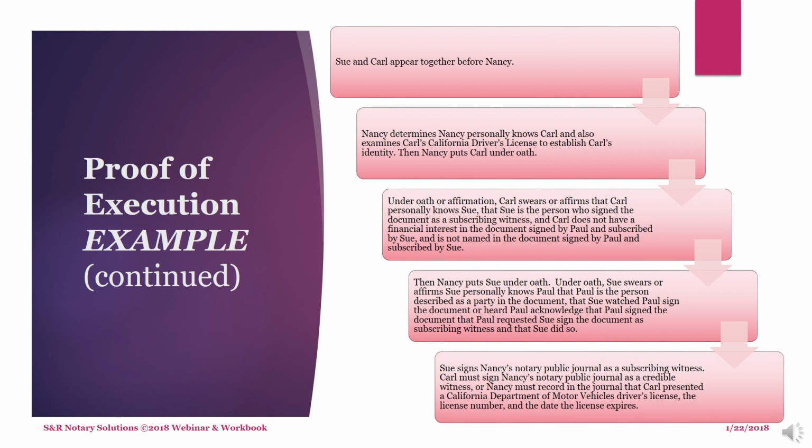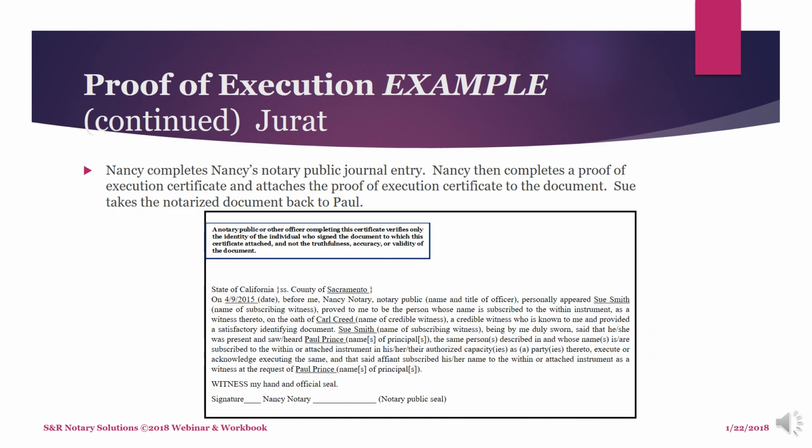Carl must sign Nancy's notary public journal as a credible witness, or Nancy must record in the journal that Carl presented a California Department of Motor Vehicles driver's license, the license number, and the date the license expires. Nancy then completes Nancy's notary journal entry.